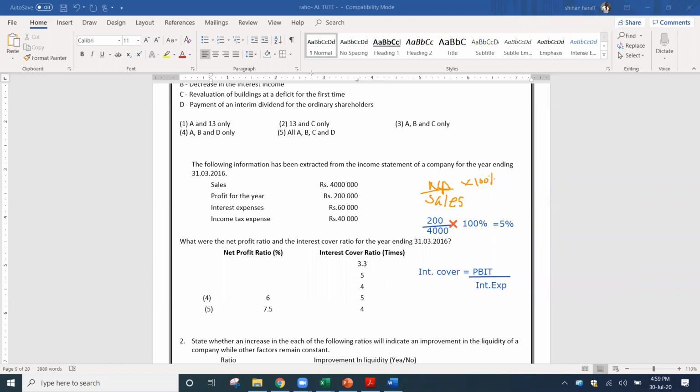So our profit before interest and tax equals net profit plus the income tax 40 plus the interest expense 60. This is your profit before interest and tax. Because when you are calculating the net profit, we deduct interest expense and the income tax. So to get the profit before paying the interest, we should add the interest expense and the income tax. Then this should be divided by the interest expense 60.